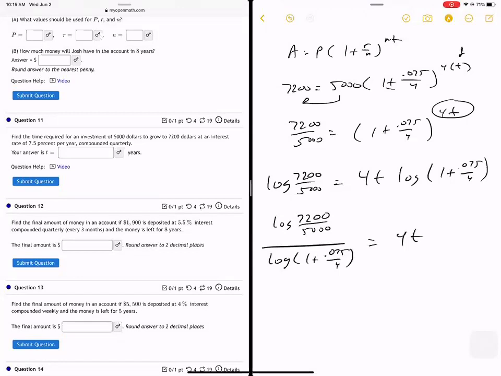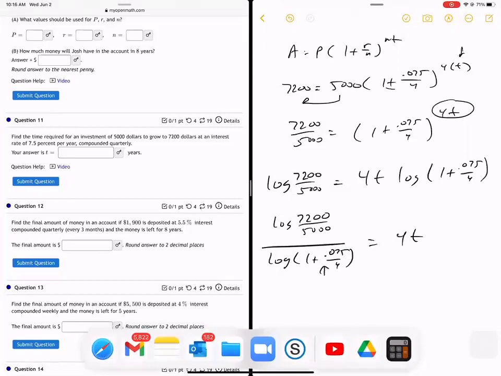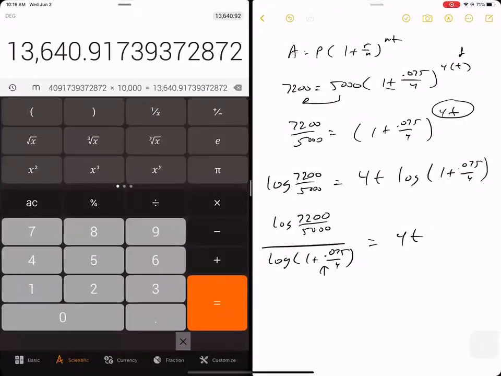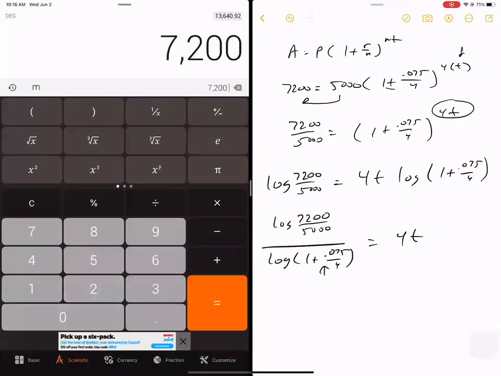And you're going to have to practice doing that on a calculator. You can of course write it separately and go into decimal places. This could be written as a nice easy decimal, but I'm actually going to type it as it is. And let's see if it's going to work out for us. 7,200 divided by 5,000 equals, and I'm going to log this number.